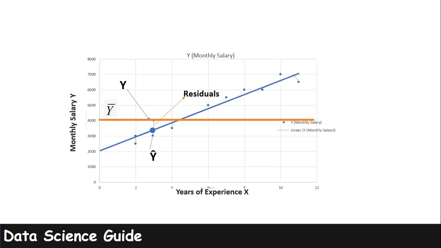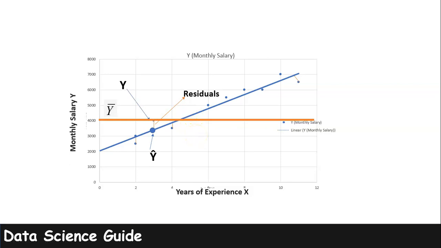Let's see here how the R squared is calculated. The values located outside the slope line are the actual values, or y, and the values located on the slope line are the predicted values, or y hat. The difference between them is the residual. And we can calculate the best slope line based on the sum of squares of the residuals.